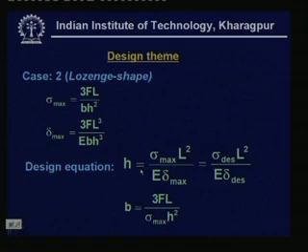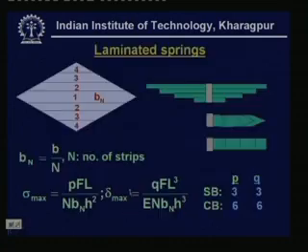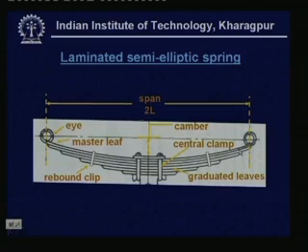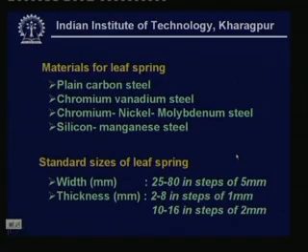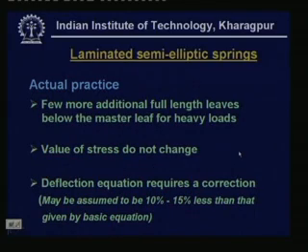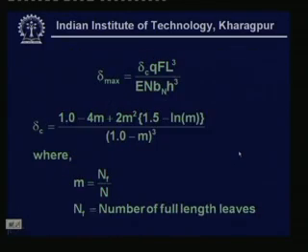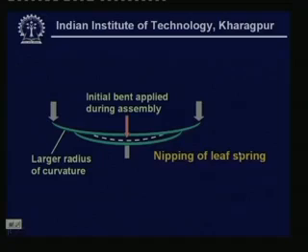The design theme is you divide this by this, get the value of H and the value of B, you laminate the width, put it into the laminated form, and then this is the actual elliptic spring. So, the materials of the spring, the standard widths are given over here, and in actual practice what we do has been told, and lastly that nipping of leaf spring is required.